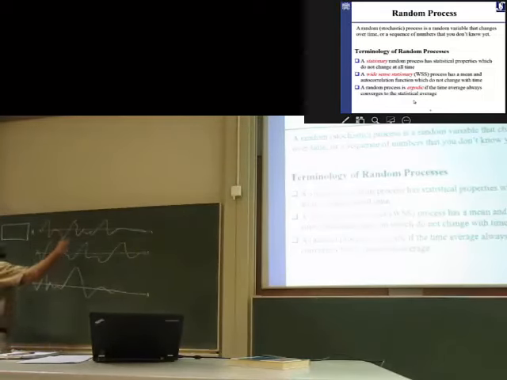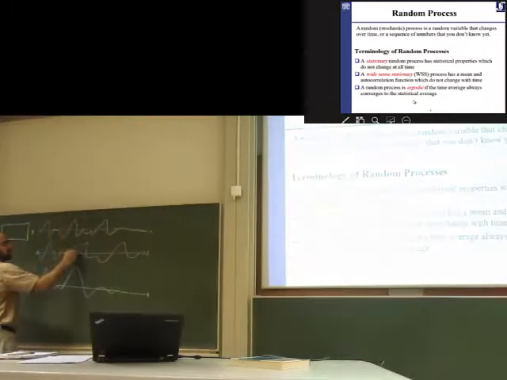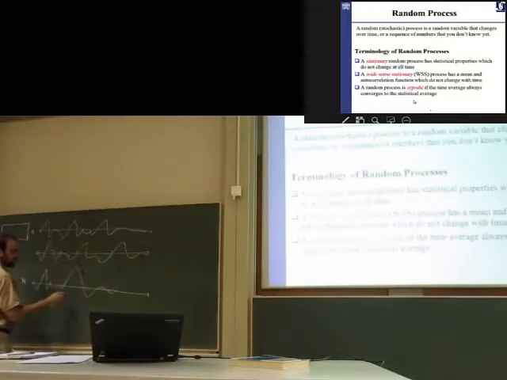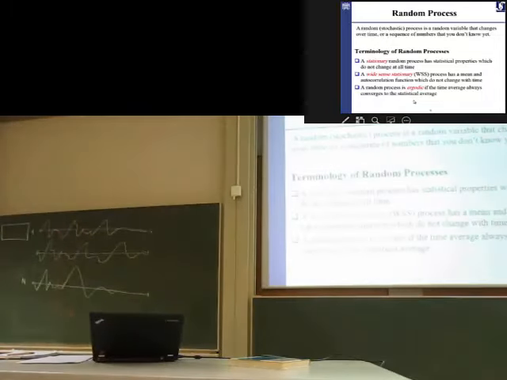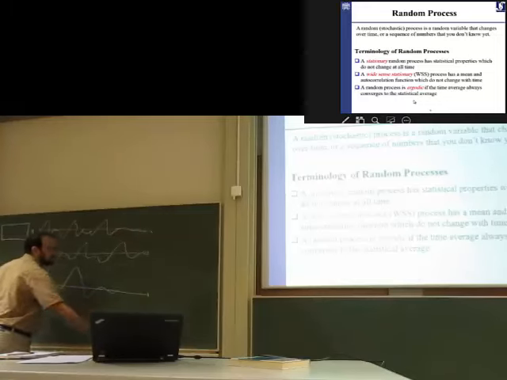Then you go to t2 and you again get the values of the signal, and this gives you x2. These are random variables. So this is the first random variable, the second random variable. You can have an infinite number of random variables from time 0 to time 12.